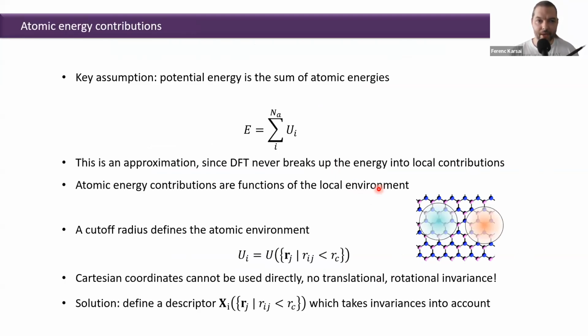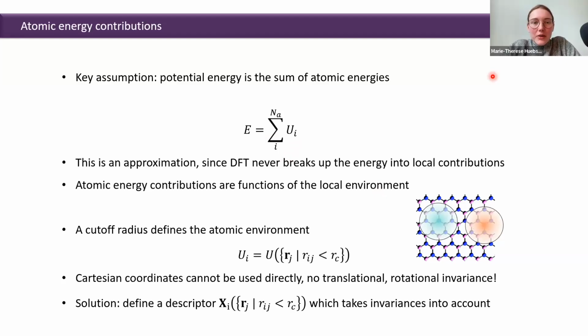You cannot split up observables in DFT into per-atom observables so easily. This is also true for other things. So this is just a pure assumption, and there's no proof for it. We just assume this, and it has worked out well until now. It's not done only by us, it's done by more or less everyone in the machine learning community. But just to mention that this is just an assumption.